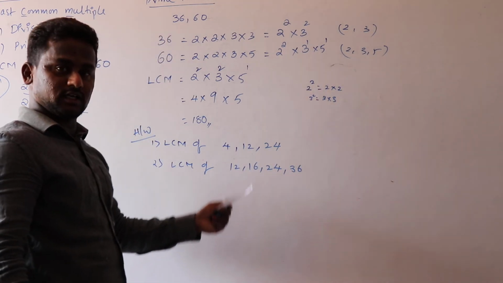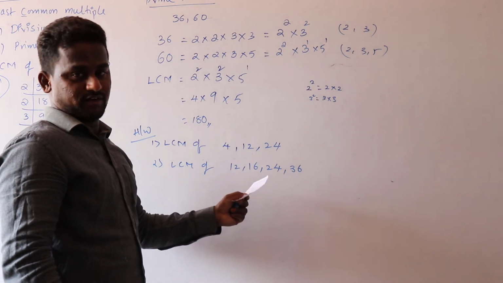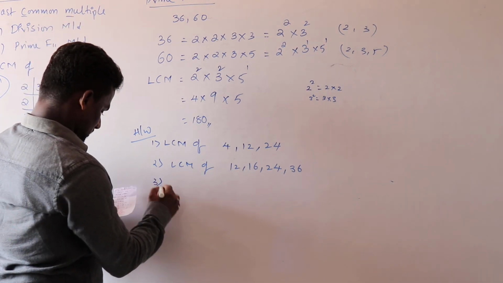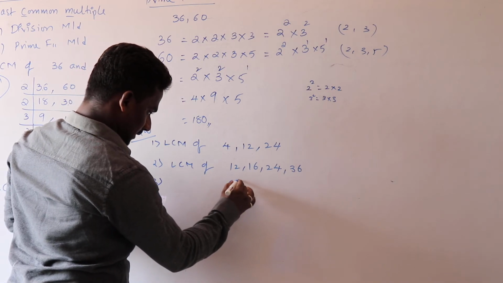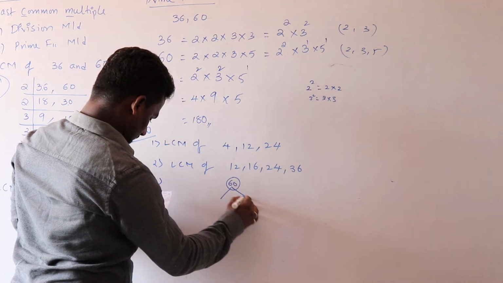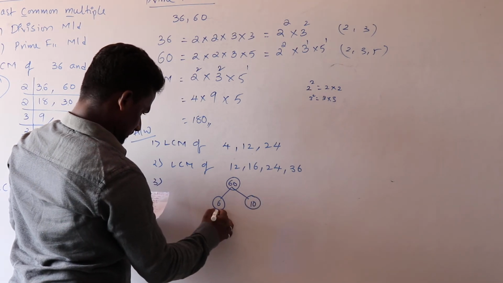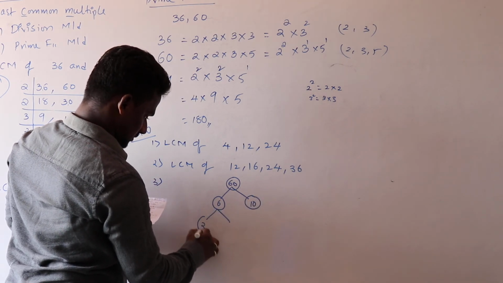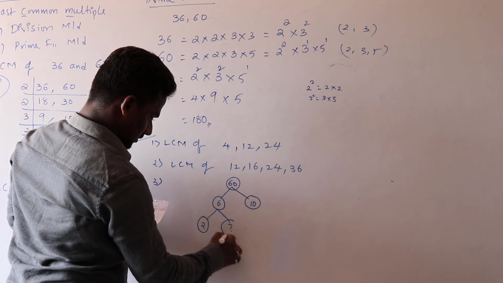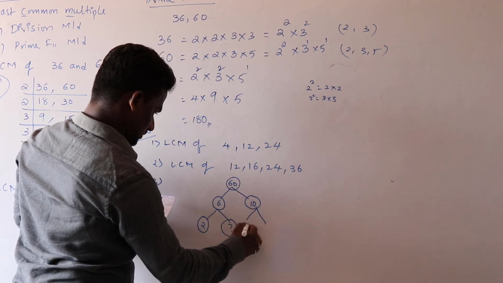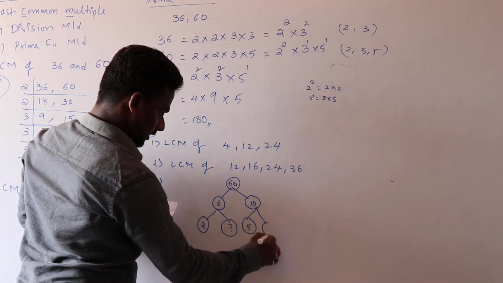You can use any method, either division or prime factorization. And one more question: I have to complete the table. This one blocks, 6 into 10 here, question mark, here 5, here question mark.